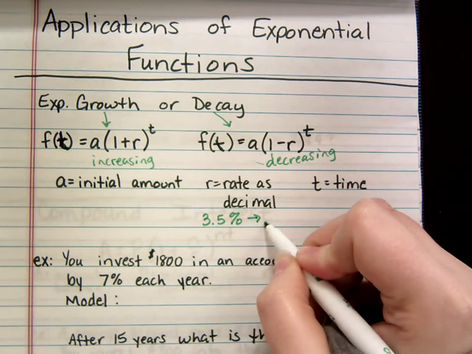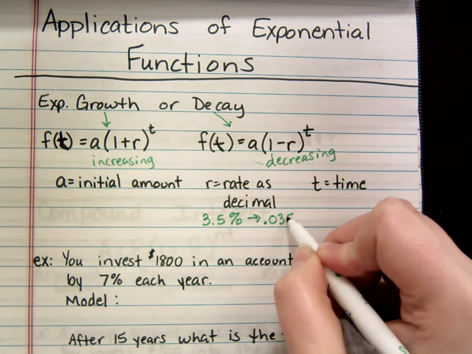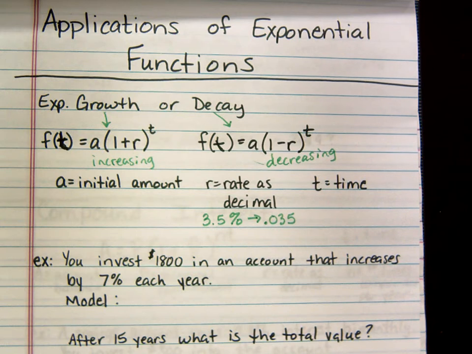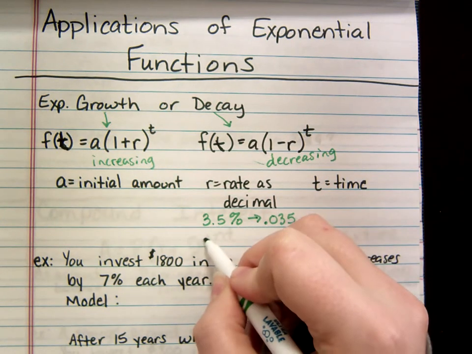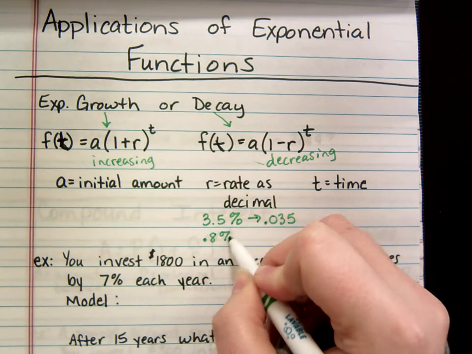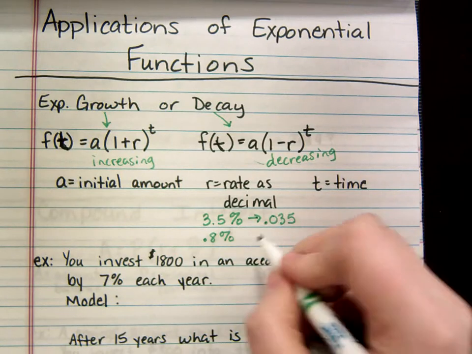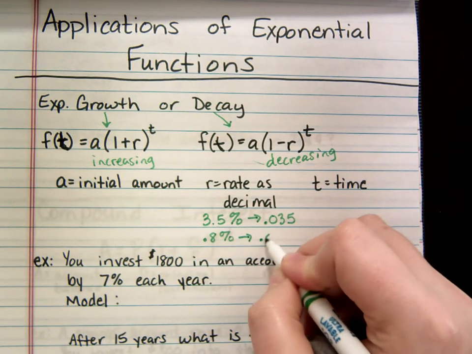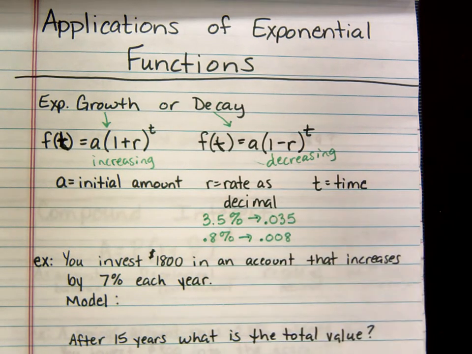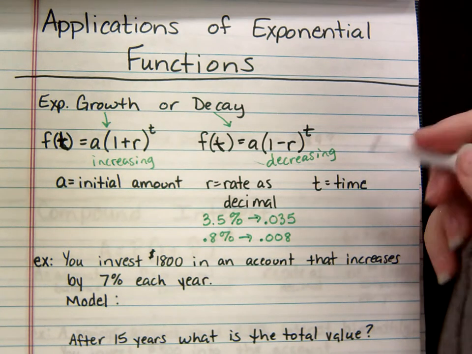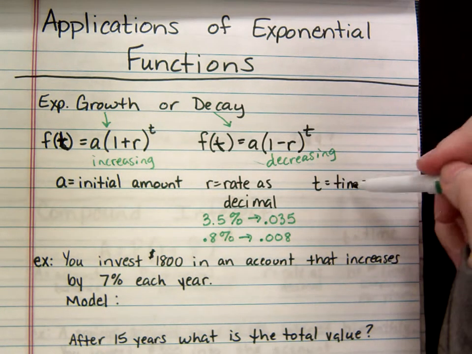You would want to plug in 0.035 for R. Or maybe it's a 0.8% increase or decrease. It would be 0.008 as a decimal. So just be careful about your rate. And then, of course, T is your time.